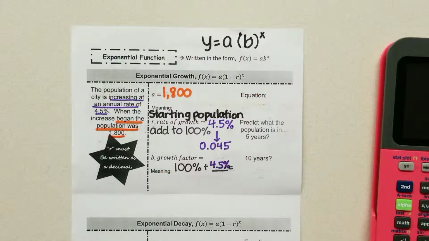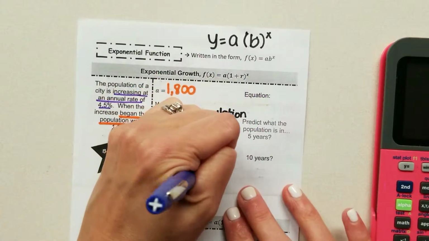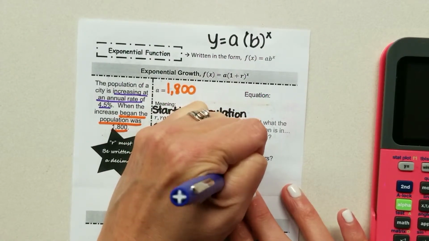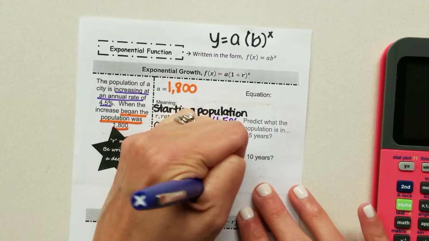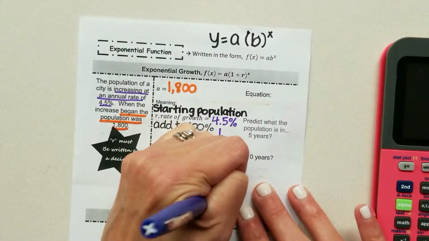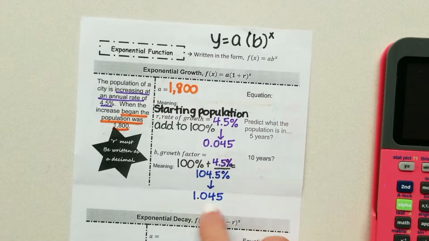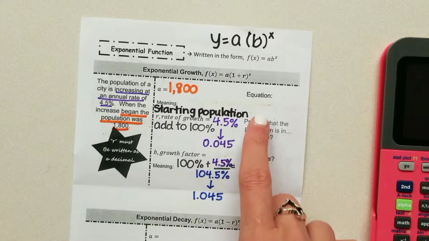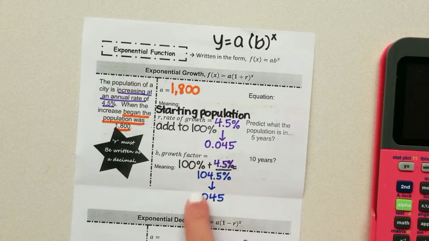So now my growth factor is going to be 104.5%. And I can also think of this as the value of 1.045. And this, guys, this is the number that is going to have to go into my equation. Okay, this is B right here, this decimal after we've added it to 100%.